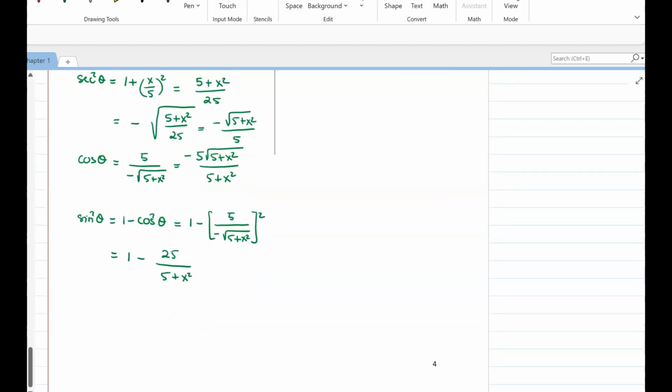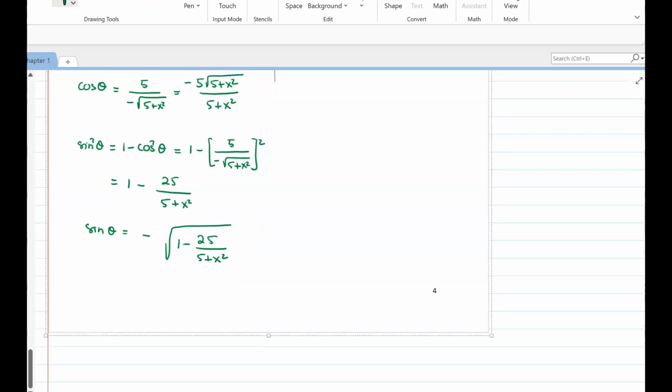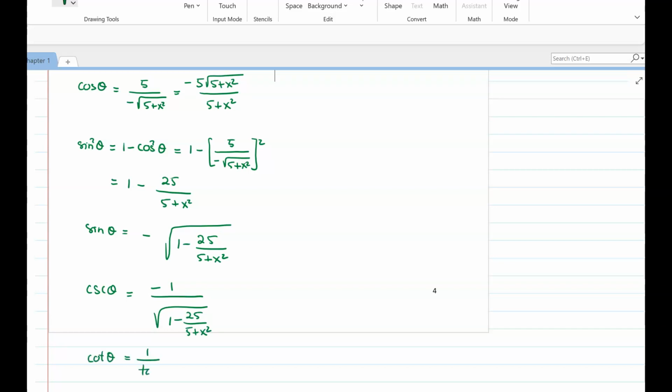We can either simplify this, or we can just say, well, then sine of theta equals the negative root of this, 1 minus 25 over 5 plus x squared. Cosecant of theta is the reciprocal of sine of theta. So that is just 1 over square root of 1 minus 25 over 5 plus x squared. And lastly, cotangent of theta, that is just 1 over tangent of theta, equal to 5 over x.